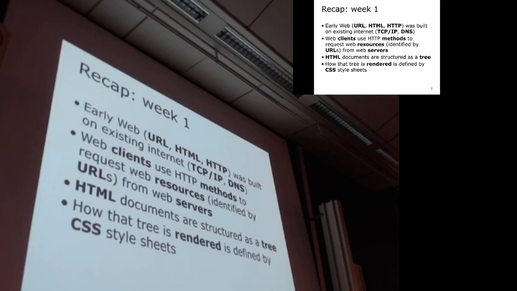This emphasis on HTML content as a tree structure is something we're going to reuse in the JavaScript context, because we're going to use the tree data structure to modify the tree while it's being viewed on the screen by users. So that's important.